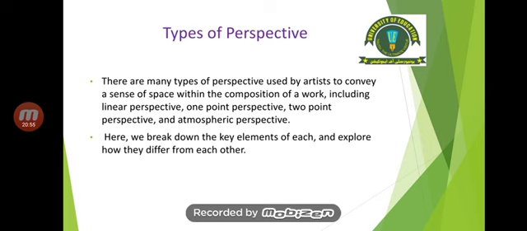Here we break down the key elements of each and explore how they differ from each other. These are all the types of perspective which can help to make your drawing stronger, more powerful, and more expressive.